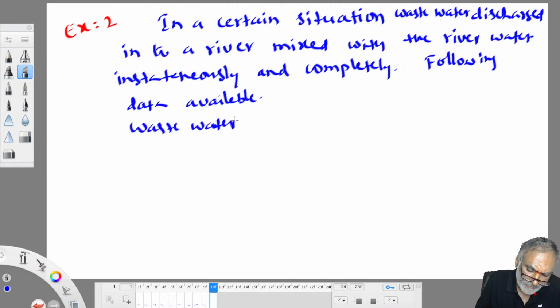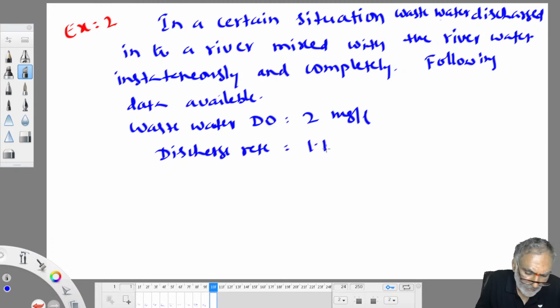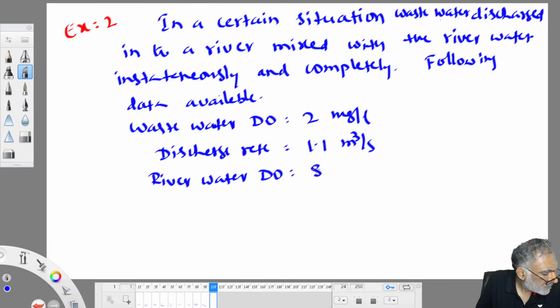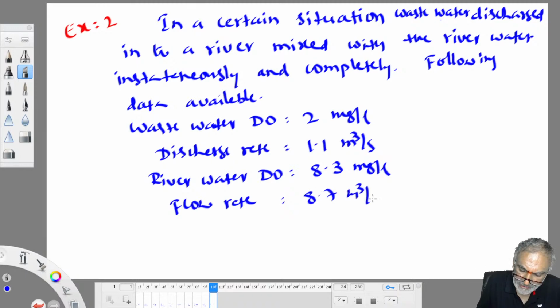Wastewater DO is 2 milligram per liter. Discharge rate is 1.1 meter cube per second. River water DO is 8.3 milligram per liter. River water flow rate is 8.7 meter cube per second.